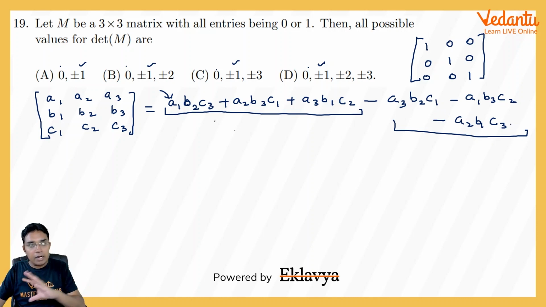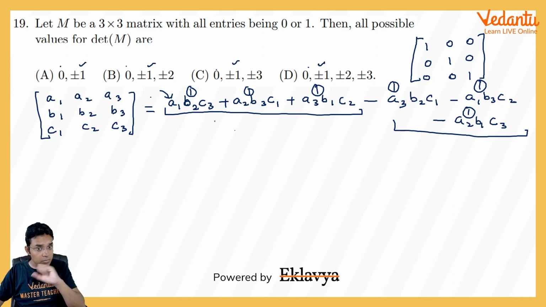Now if I start with all the values 1 1 1 1 1 1, all these will be 1, and these will also be 1 1 1 here. So obviously the value will be 0, and that can be concluded directly also. Now if I make one of the element as 0, let us say A1 as 0.